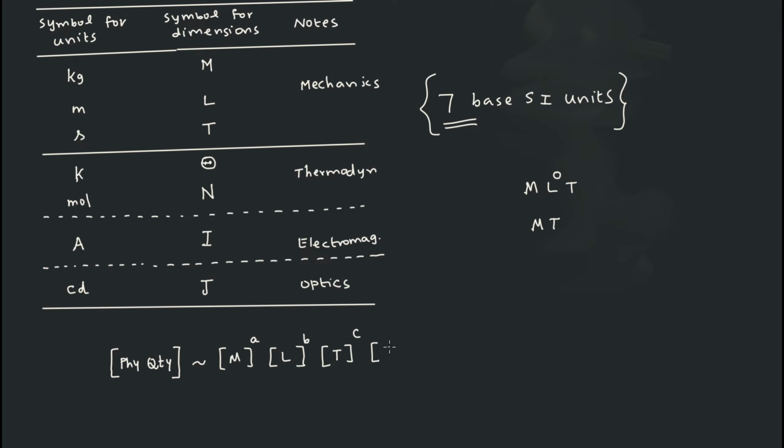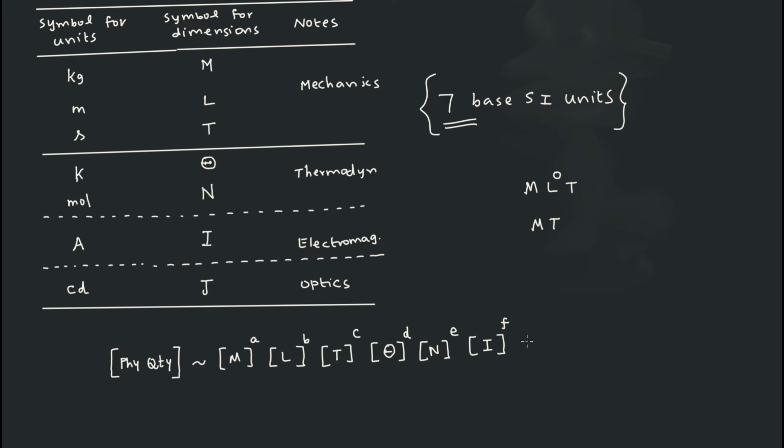Then you have the temperature, so you write the capital theta, and then to the power the next letter, let us say d. Then the number of moles, n to the power e. Then you have the current, for which we write capital I, to the power some other number, let us say f.